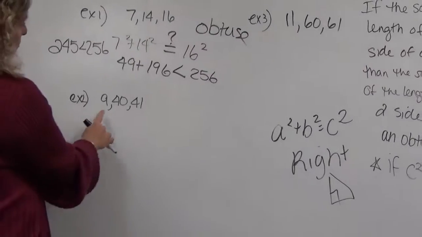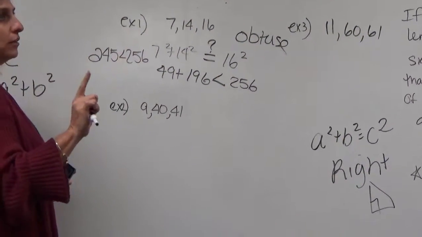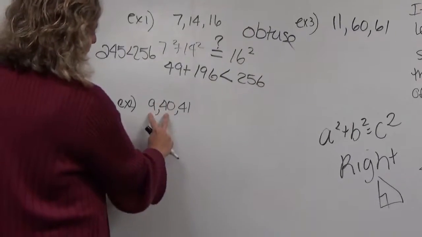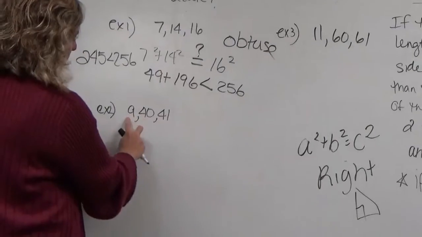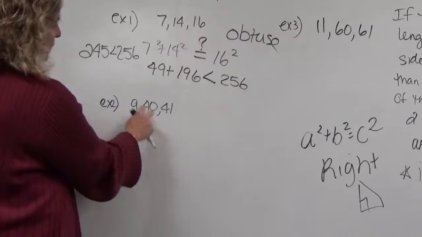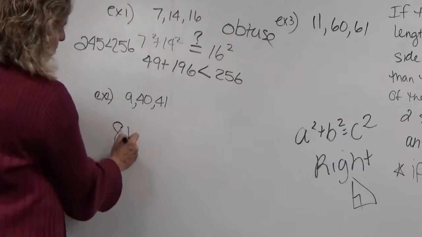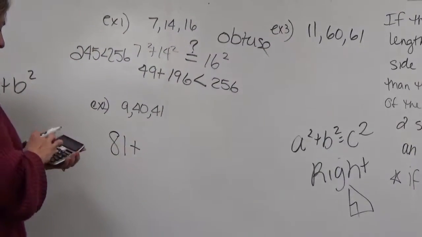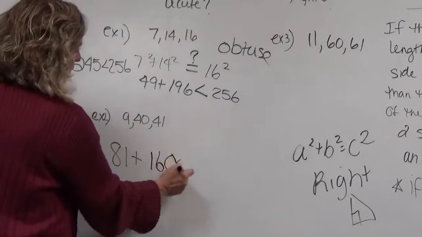Always check your triangle inequality theorem first. Add those two, bigger than that. Add these two, bigger than that. So far it can be a triangle. 9 squared is 81. 40 squared is 40 times 40, which is 1600.